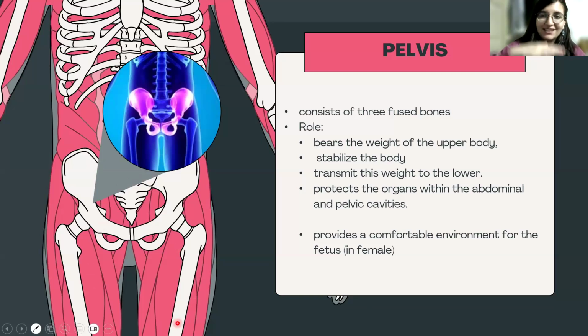It balances everything. And also inside the pelvis are other organs, the reproductive organs, which are protected by the pelvis. And especially for a female, when she is pregnant, the fetus is inside. The pelvis provides a comfortable environment for the fetus. Okay.